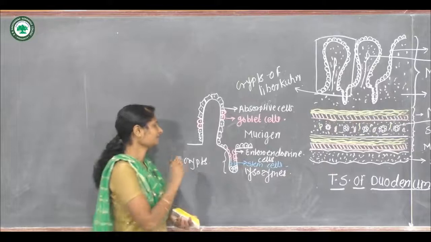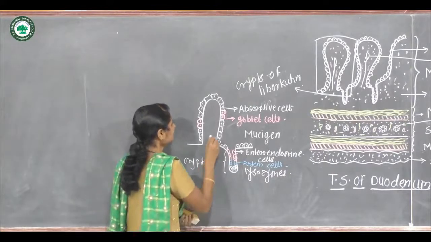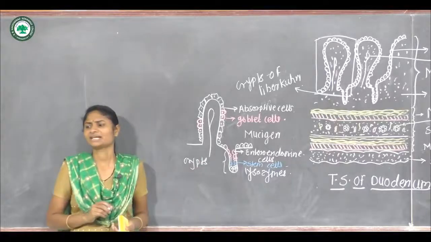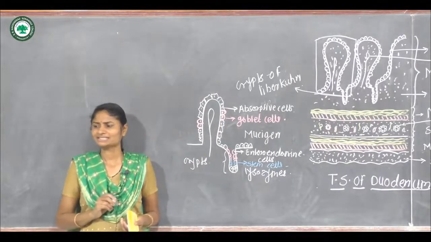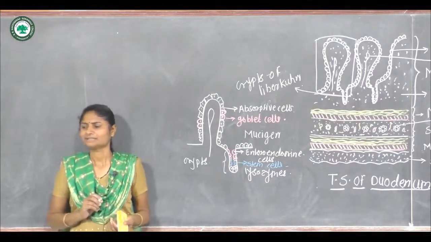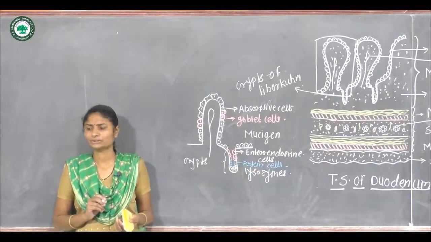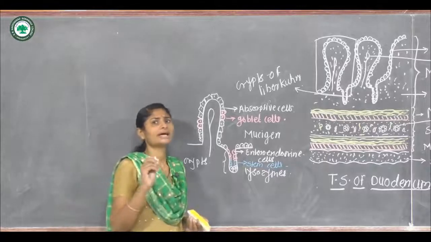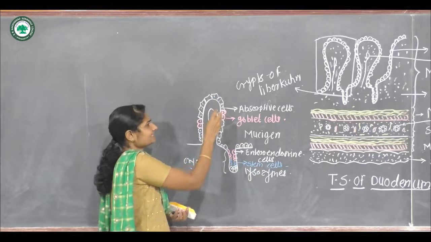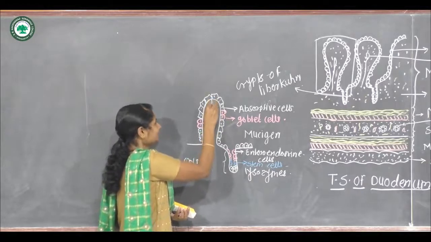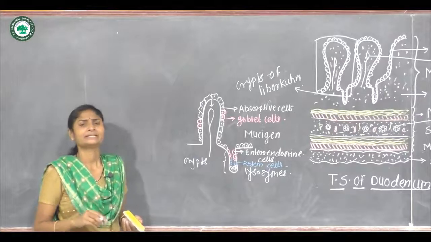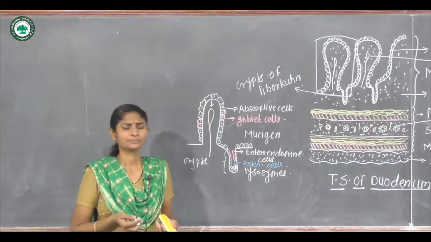In this villus, a single lacteal is present, and this lacteal mainly absorbs fat droplets from the absorptive cells and transports them.